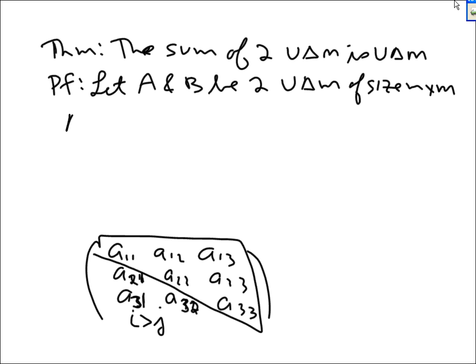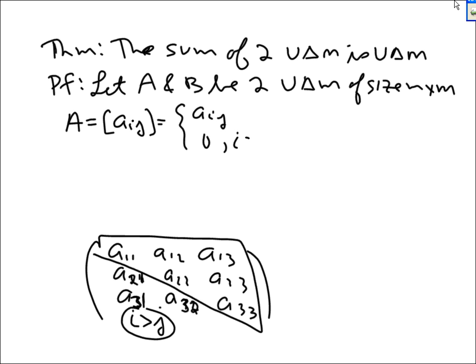Okay, so now A, which is Aij, a lot of times we're just going to get Aij, and a lot of other times we're going to get 0. If i is bigger than j, we get 0. If i is not bigger than j, now you can write i is not bigger than j that way, or you can say i is less than or equal to j.